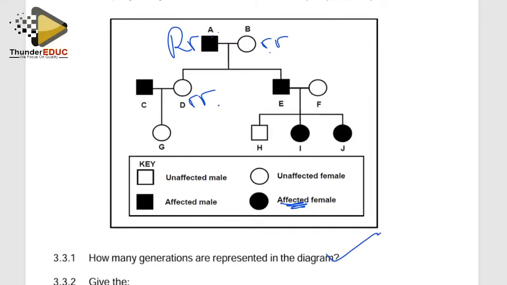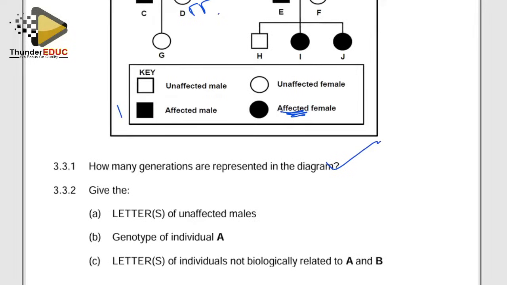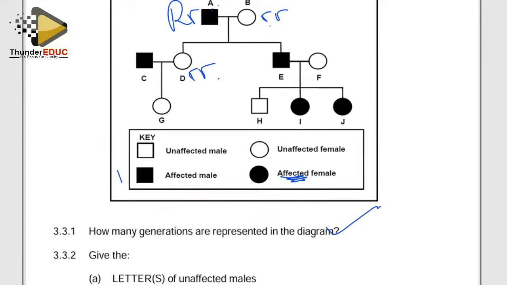Then we are saying, give the letter of the unaffected male. The unaffected male are those ones which are a box and are not shaded.